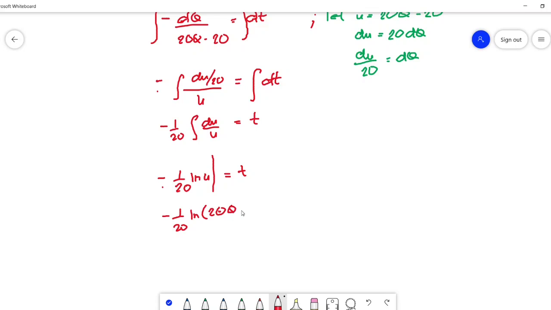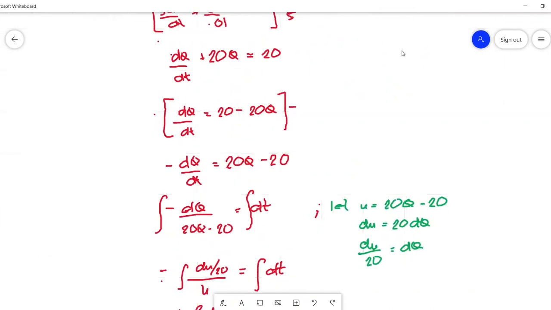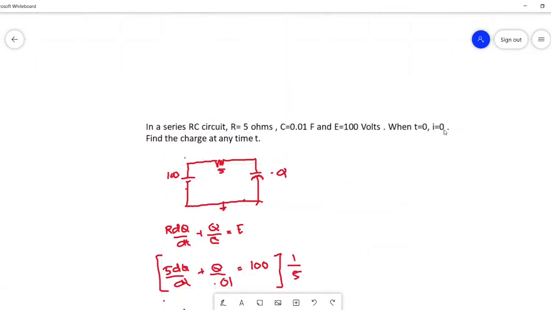20q minus 20. From the given initial value, the charge is 0. It is explicitly said that the charge is 0 since the current, or the change of charge over t, is equal to 0.